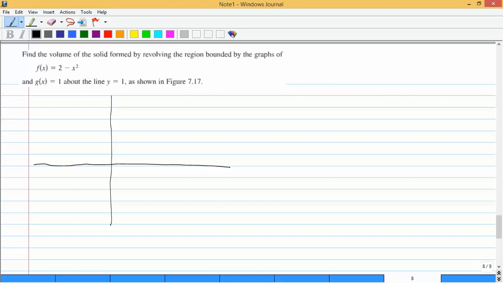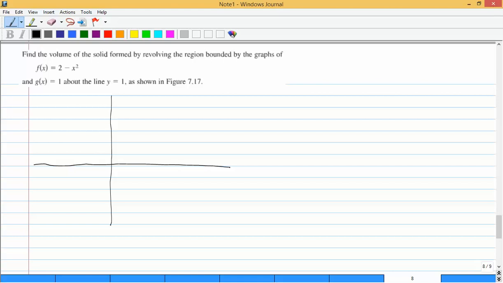So first we have to be able to graph that. We know that it's a parabola, or a quadratic graph, because of the x squared. Since the x squared is negative, we know that it's opening downward. What I would do from that point is figure out where the x-intercepts and the y-intercept are.